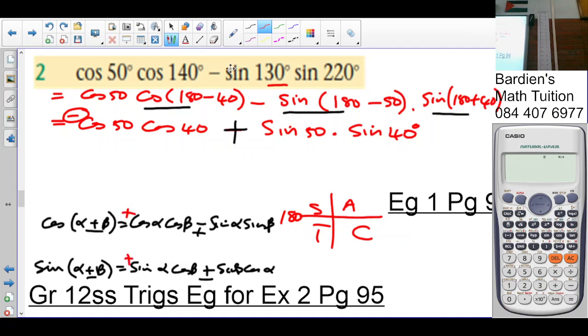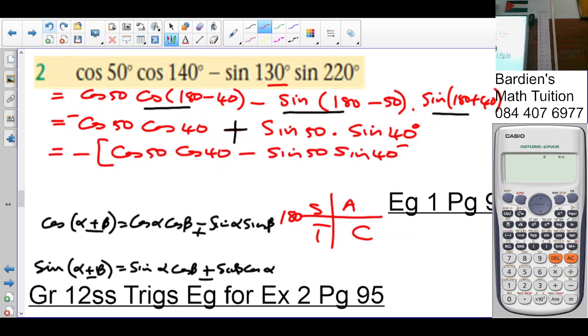So that negative should worry you. What do I do with that negative? Factorize that negative. By factorizing that negative, what would I be left with? Cos 50, cos 40, minus sine 50, times sine 40.